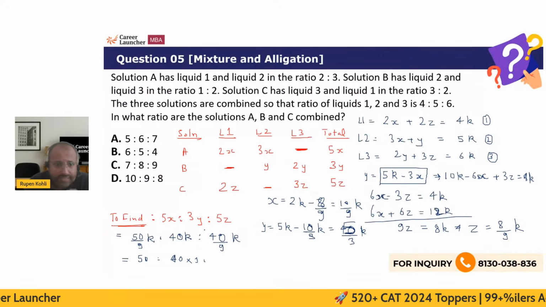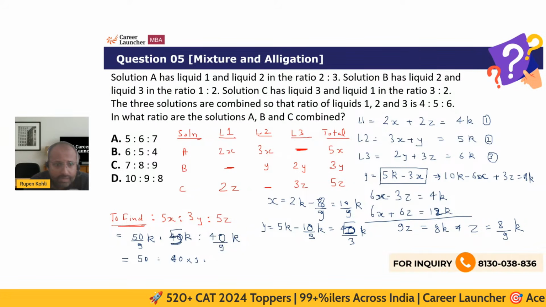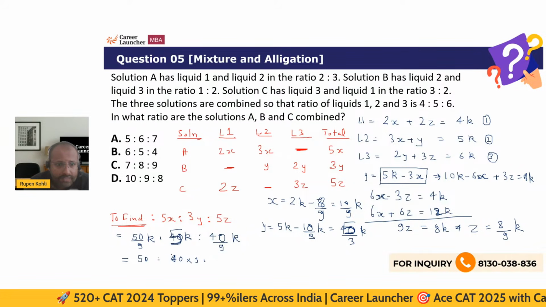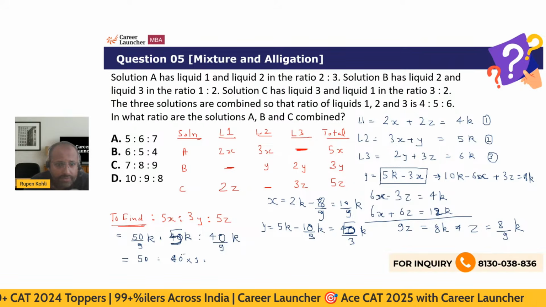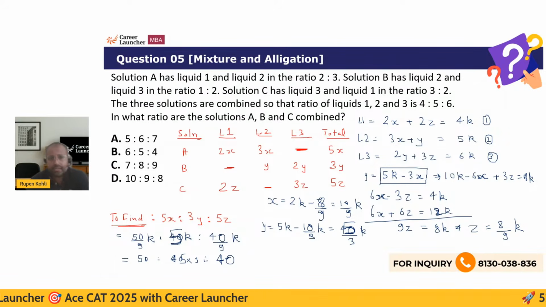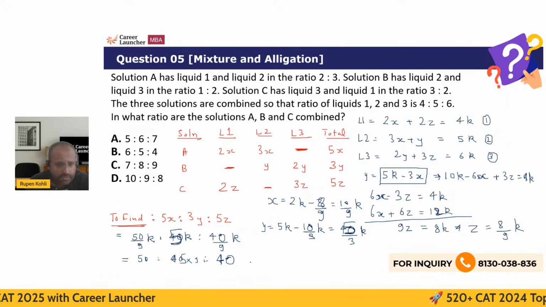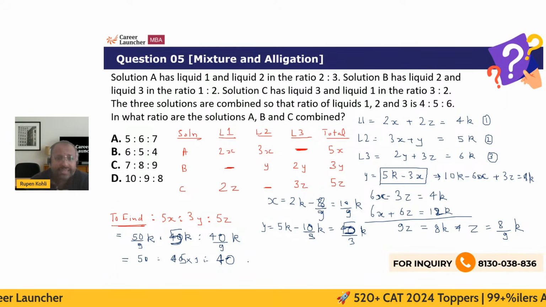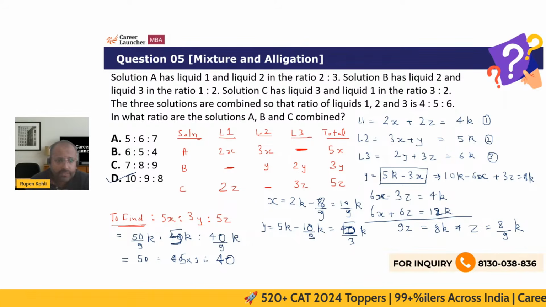So therefore, when I say 3y here, this is 5k. So when I multiply here by 9, this becomes 50. This becomes 5 into 9, 45, and this becomes 40. So 50 is to 45 is to 40, and on cancelling 5, 10 is to 9 is to 8. That is the required ratio.